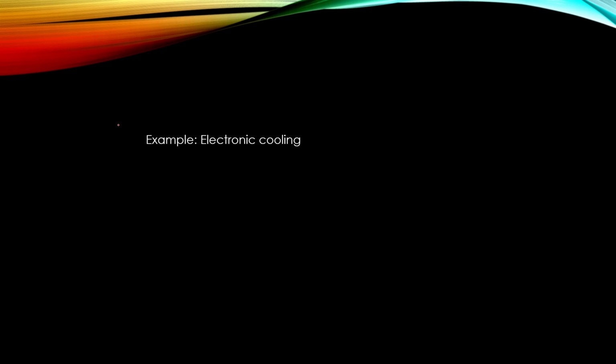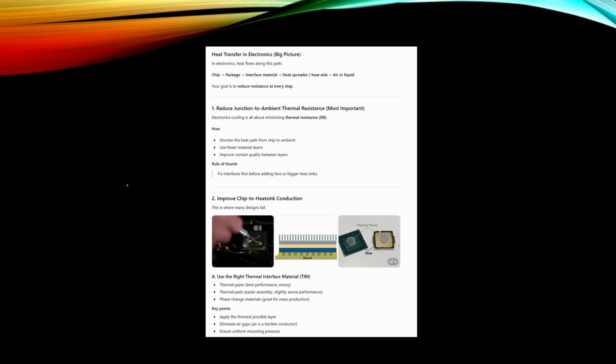Next we have some examples from electronic cooling. When talking about electronic cooling, we can say that our goal is to reduce resistance at every step.